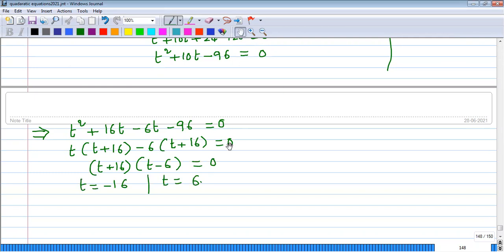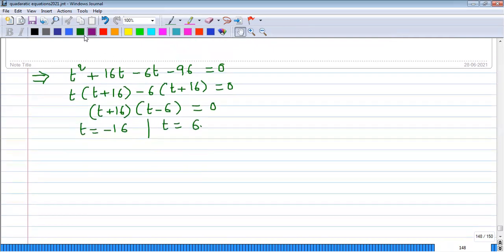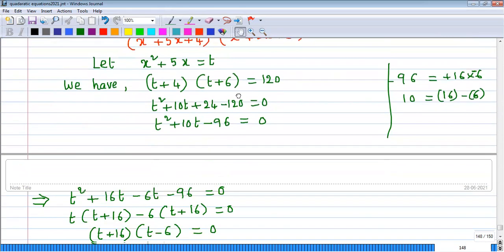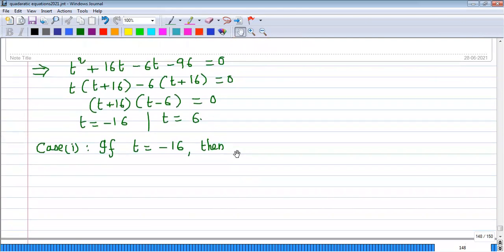So we need to solve this now. First case 1 will arise. Case 1: if t equals minus 16, then, going back to our question, t stands for x square plus 5x. Now we can write x square plus 5x equal to negative 16.